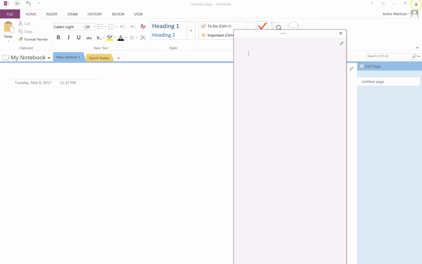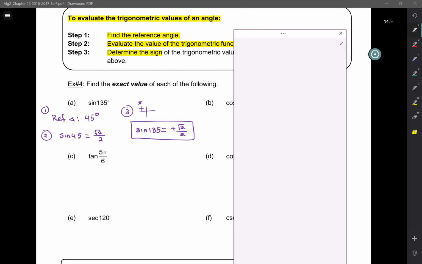Let's recap our angles. How many possible angles do we have? We have a 30 degree, a 60 degree, and a 45 degree. Those are the possible special angles. I'm not talking about the quadrantal angles, 90, 180, and so on. What are the radian equivalents of these? Pi over 6, pi over 3, and pi over 4.